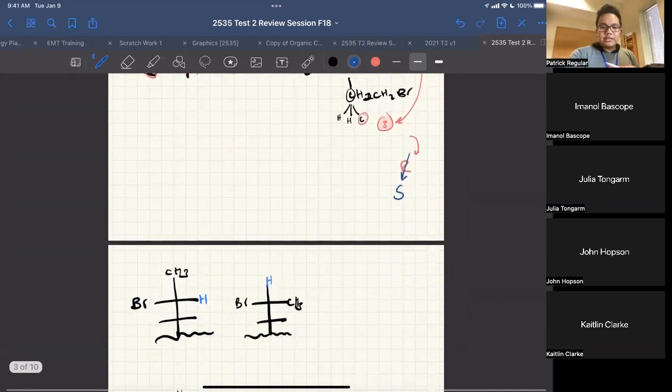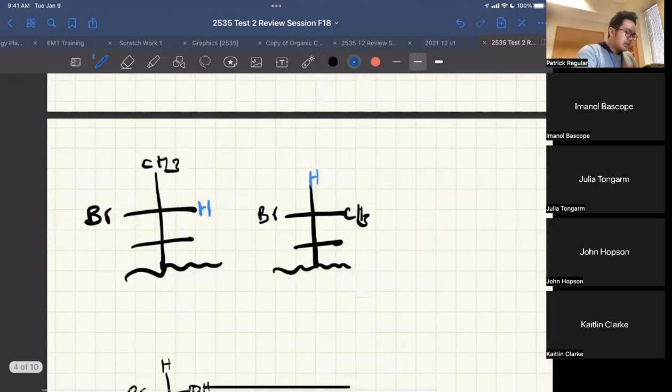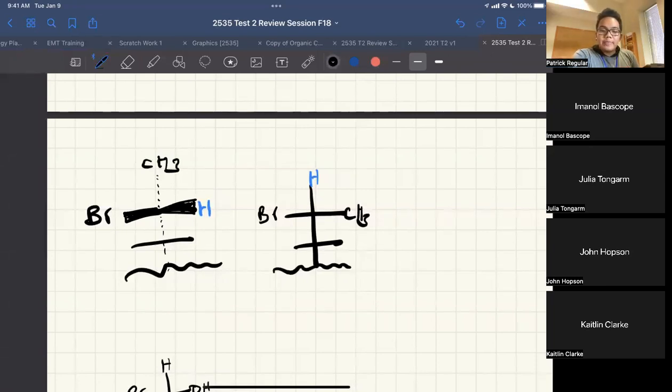And that brings me to the case of our Fischer structures. So right here, remember, the horizontal lines are wedges, and whatever vertical lines we have are dashed, right? So if you have H on a wedge right here, whatever stereocenter you get right here has to be reversed. So let's say this was an OH, for example.